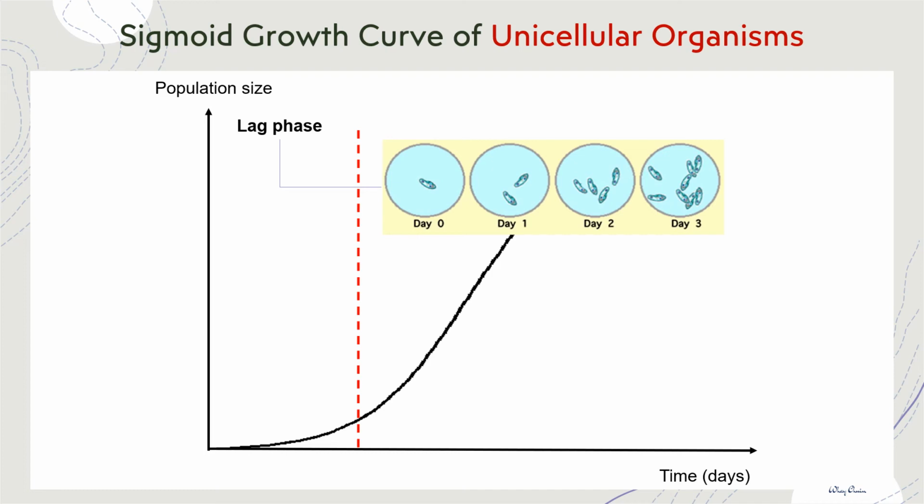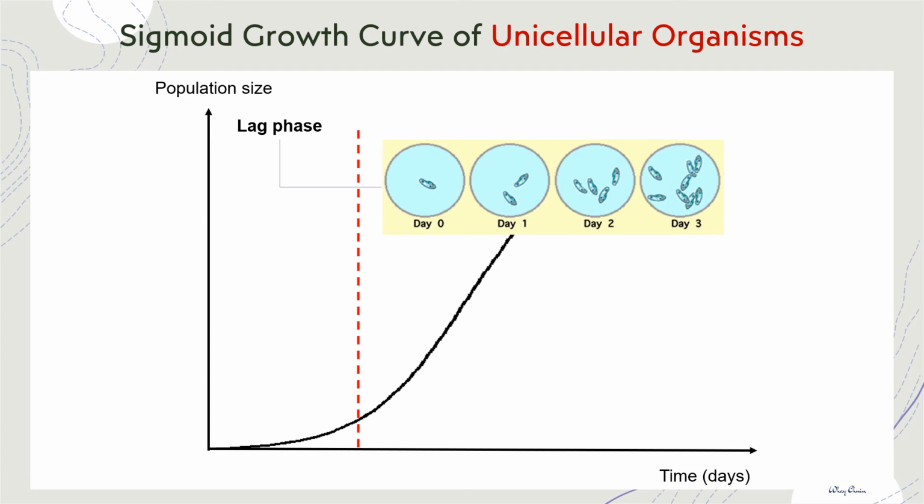But if we study the growth of unicellular organisms, such as Paramecium, which is the example of unicellular eukaryote, or bacteria, which is the example of unicellular prokaryote. Because their size are very small, okay, which is microscopic size, so it's impossible for us to measure their height, their length, or even their mass.